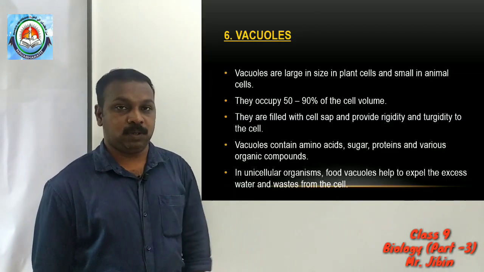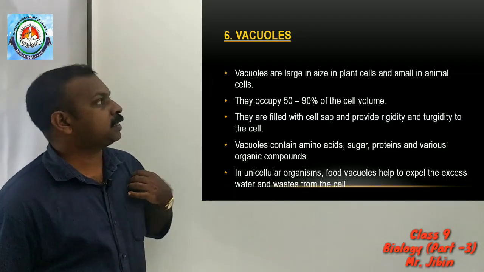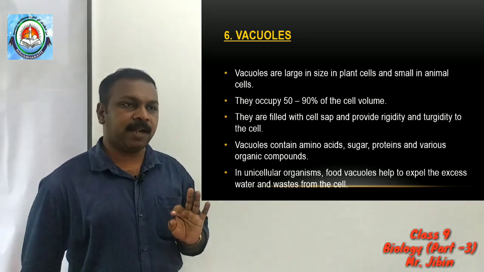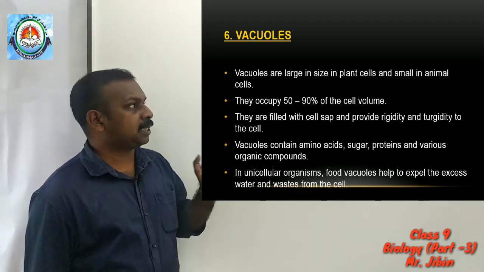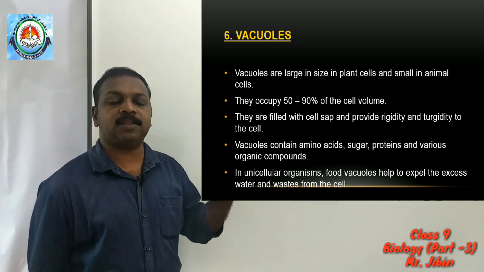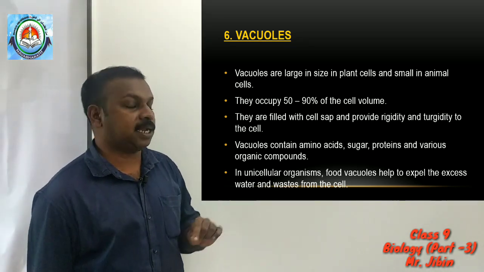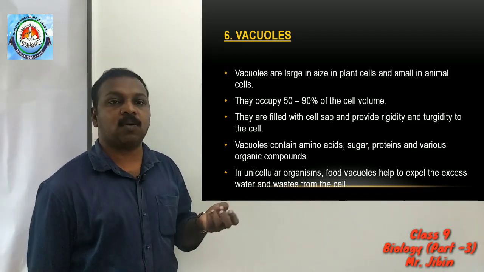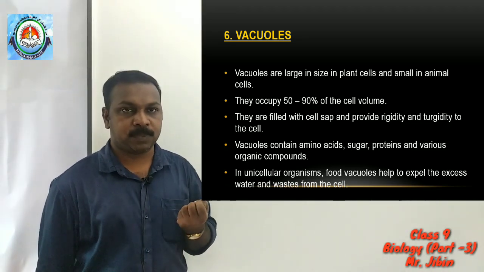Next, vacuoles. Vacuoles are present in both animal cells and plant cells. But in plant cells, we can see they are large in size. In plant cells the vacuole is large, but in animal cells, these vacuoles are very small.